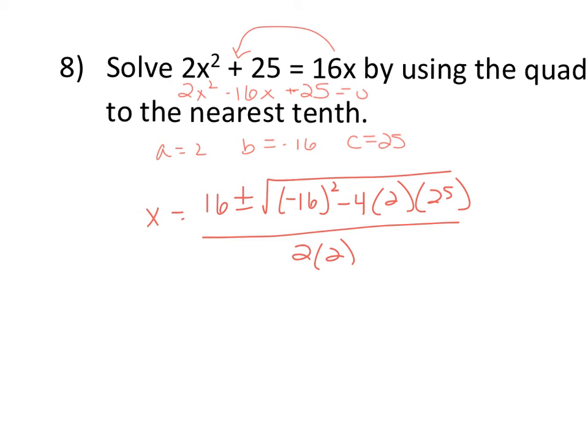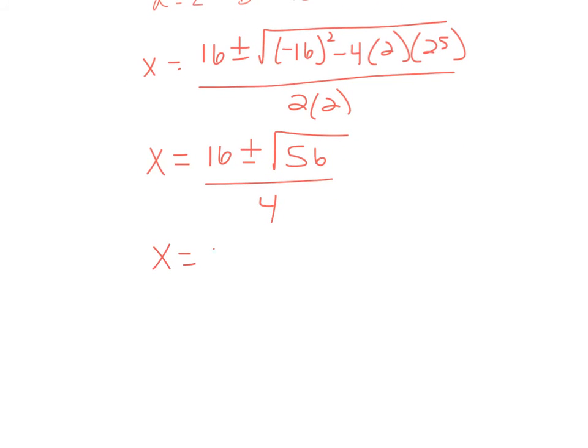Typing this into my calculator, I got 16 plus or minus the square root of 56, divided by 4. The square root of 56 is 2 root 14, divided by 4.